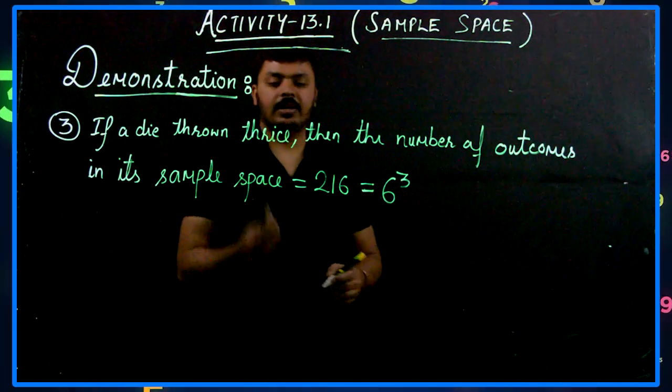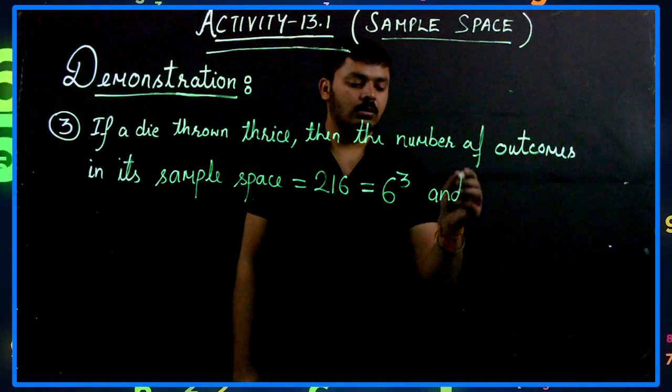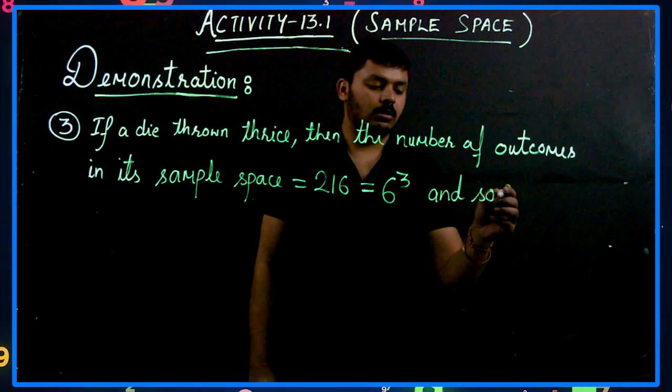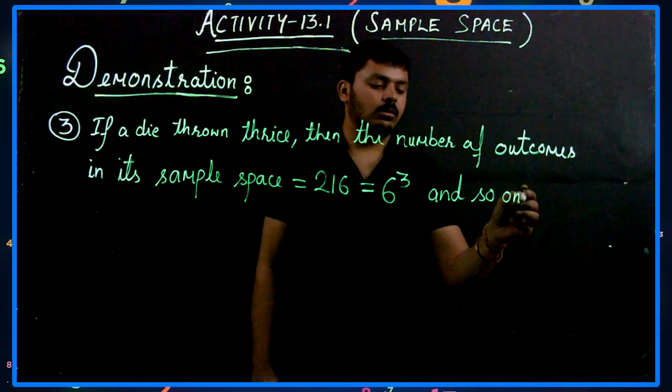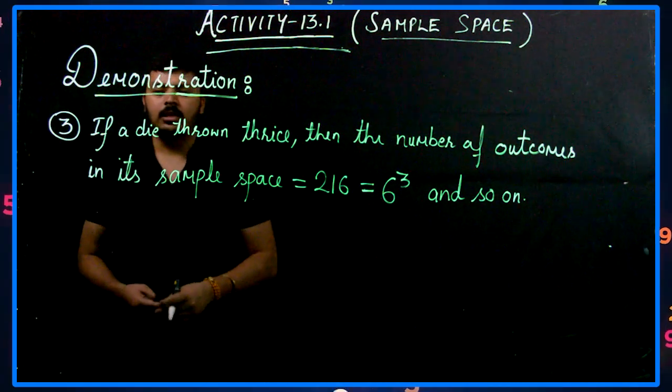And similarly, we can find the number of outcomes for other conditions where the die has been thrown more times.